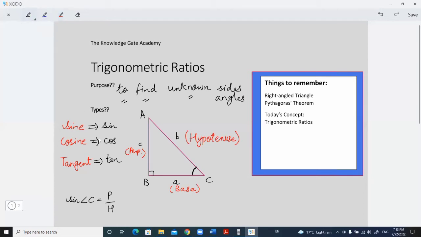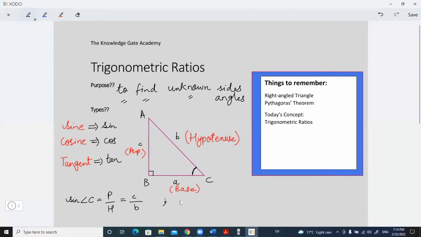So sine of angle C will be equal to P over H. What is P in this case? P is length small c. What about H? H will be small b. So sine of angle C equals c over b.